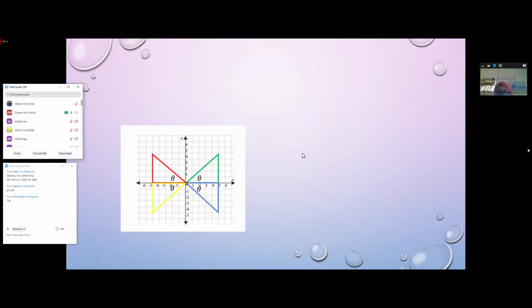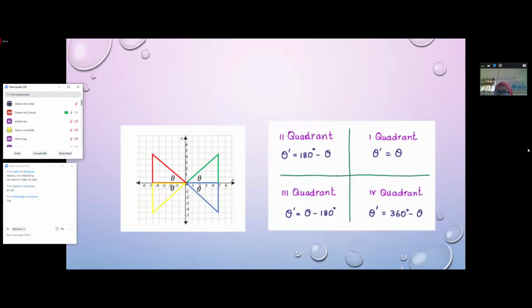So how to get the value for each quadrant? For the first quadrant, we always take the reference angle as your answer. For the second quadrant, you take 180 minus the reference angle.